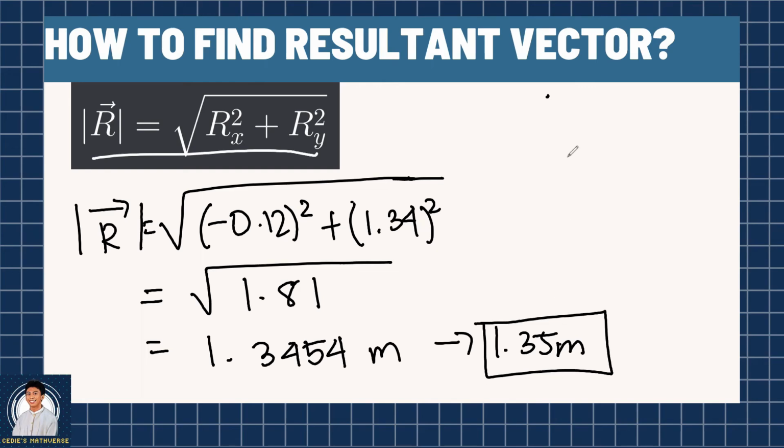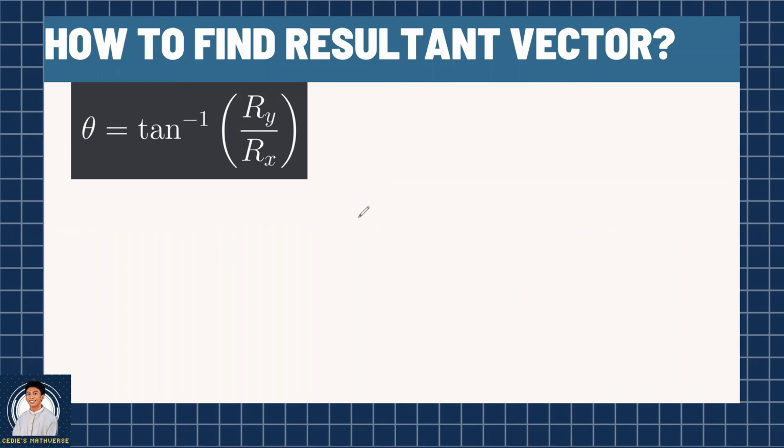And now that we know the magnitude, let us proceed with the direction. Alright, now we're finished with the magnitude. We know that it is 1.35 meters. Now, we're off to find the direction.